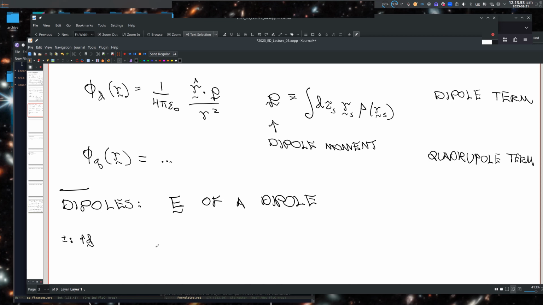Okay, so what would that mean? So let me choose an axis for coordinates along the dipole like this. So let's put our axis like this for spherical coordinates, along the dipole.